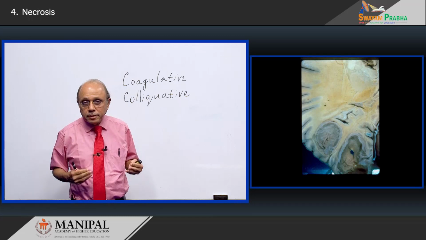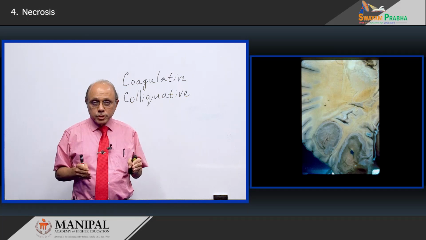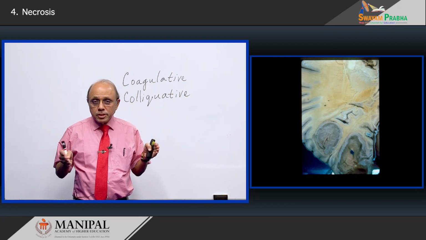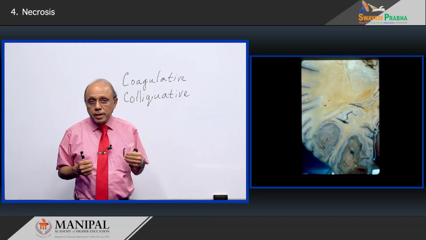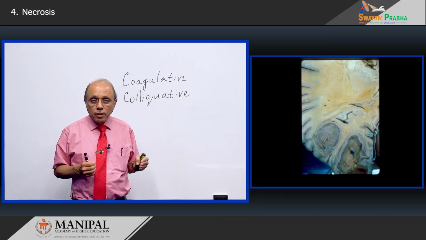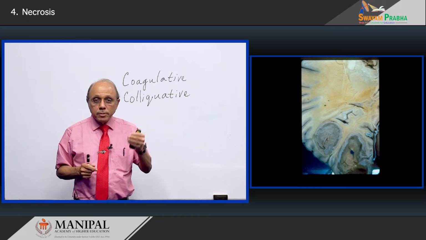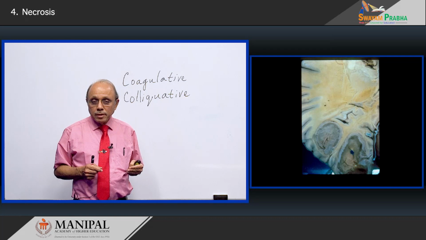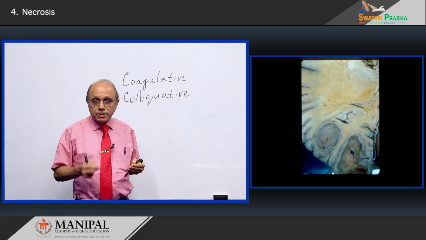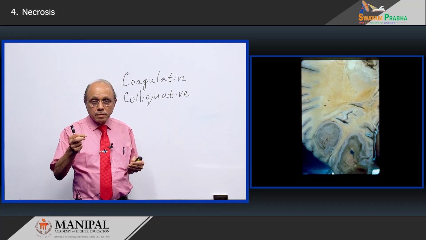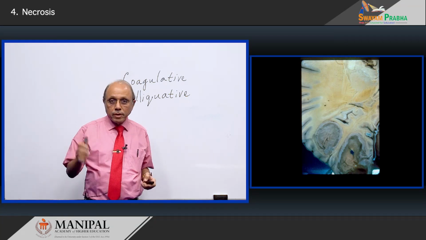That word is a tongue twister, but the reality is that it just represents dissolving of tissue. Whenever tissue gets dissolved, which is what happens when there is necrosis in the brain, you get liquefactive necrosis. A more familiar and common example is the abscess. When you get a collection of pus, when you have an abscess, that abscess is an example of liquefactive necrosis.